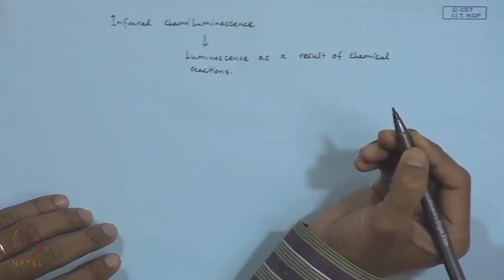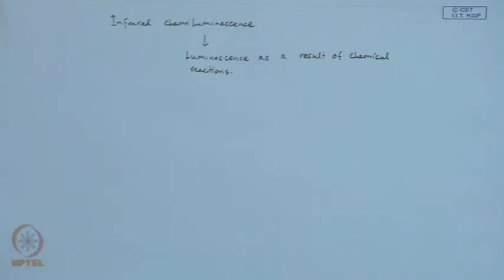Okay. So there are plenty of examples you will be finding in any standard physical chemistry text, like luminol. Okay. So if you react it with H2O2, it is luminous. It is a cyclic hydrazide, so it is luminous, and it is in solution.